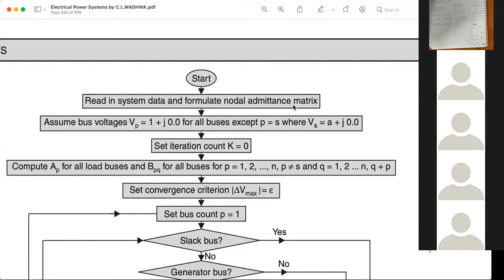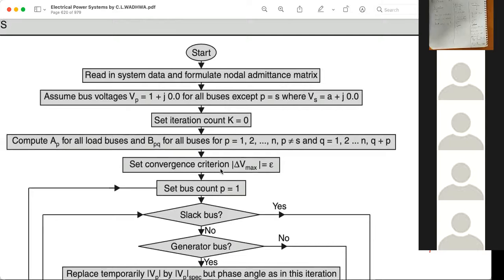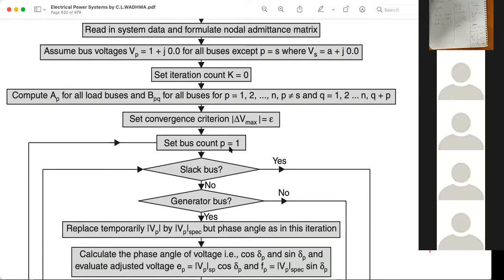That means we will calculate the Y bus matrix, and then we will assume a bus voltage 1 plus j0, that means a flat voltage profile at all the buses except the PV bus and slack bus, and then we will set iteration count k equal to 0. Now we will compute A_p for all the load buses and B_pq for all the buses. And then we will set the convergence criteria, set bus count p equal to 1.